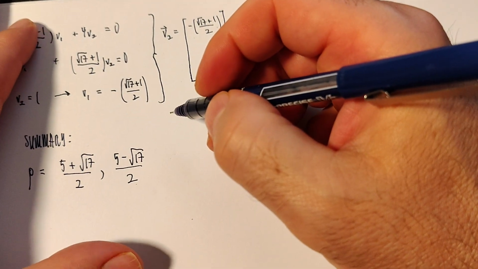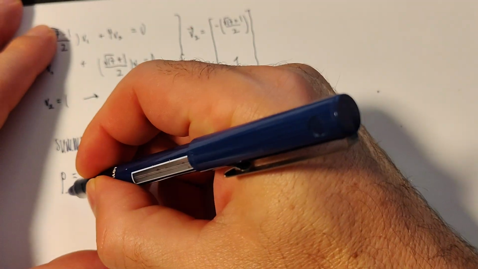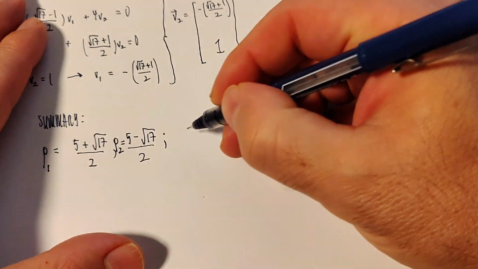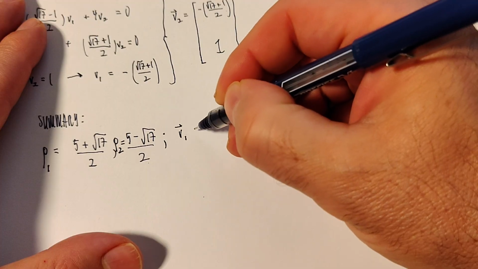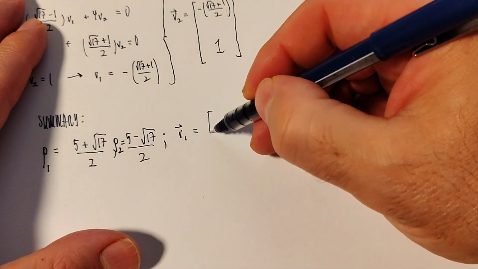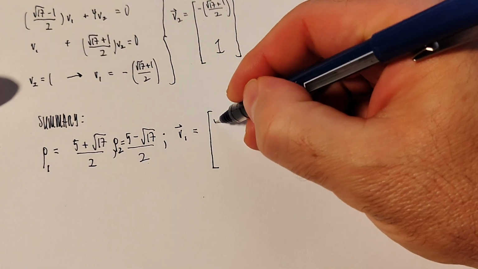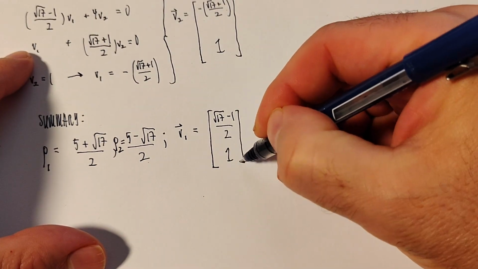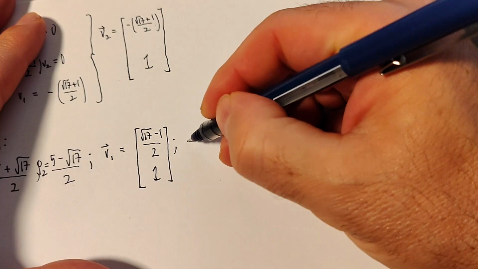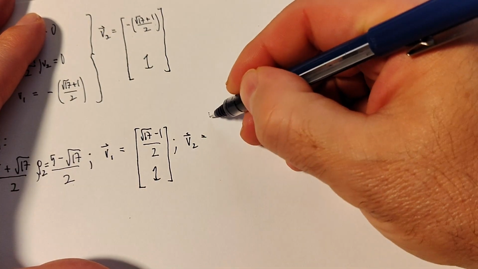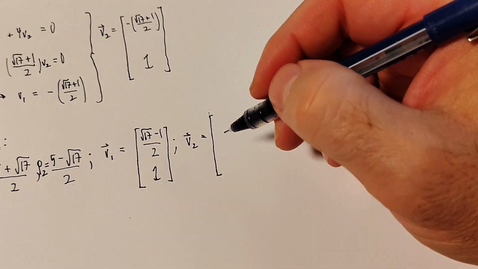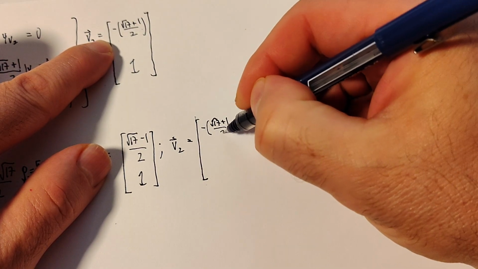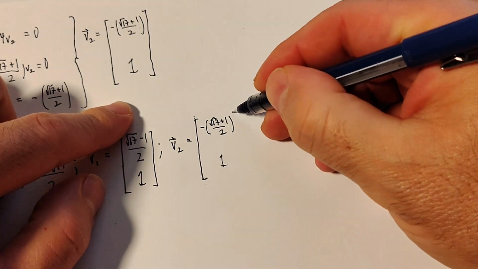We can call this rho 1, call this rho 2, and then we have eigenvector 1, which is root 17 minus 1 over 2 and 1, and eigenvector 2 is negative root 17 plus 1 over 2 and 1.